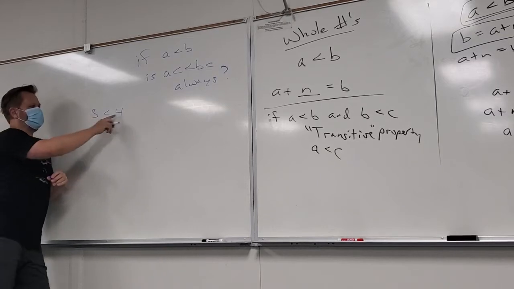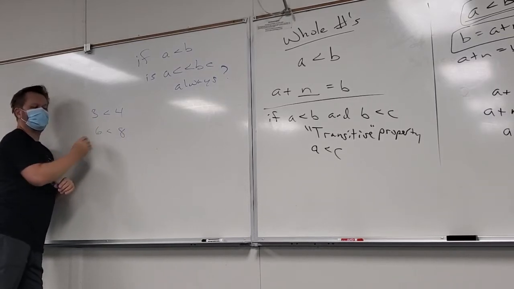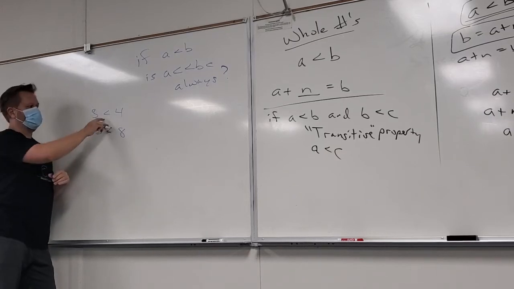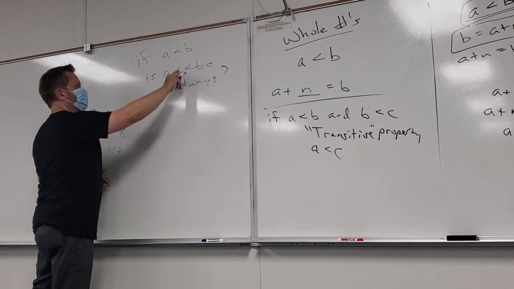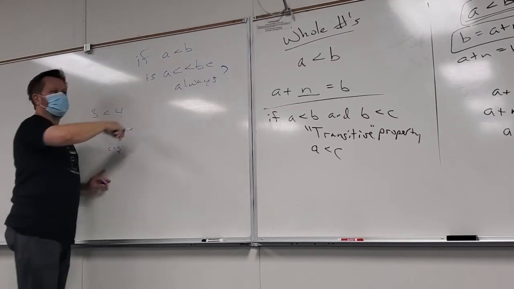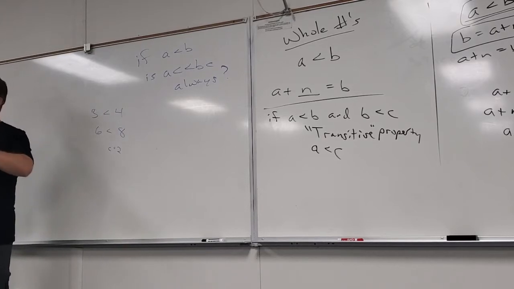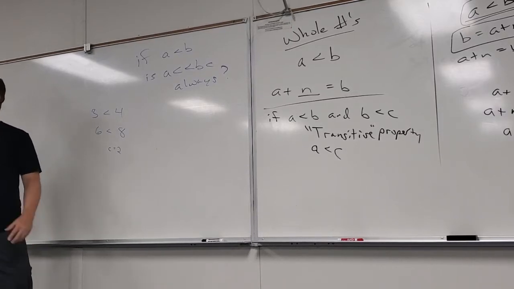Yes. If I double both sides, is it still true? Yes. So in this case, C would be 2, right? If I multiply both sides by the same number, is it necessarily true that the inequality still holds? No, it isn't. No.